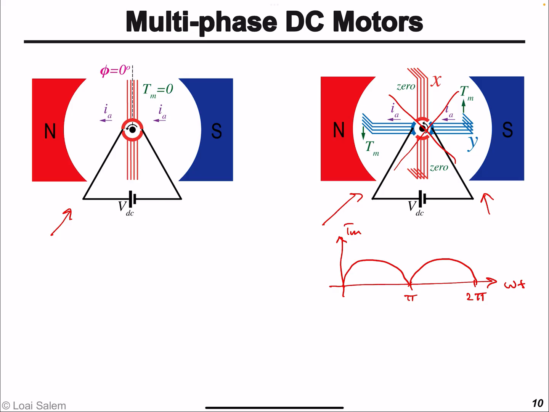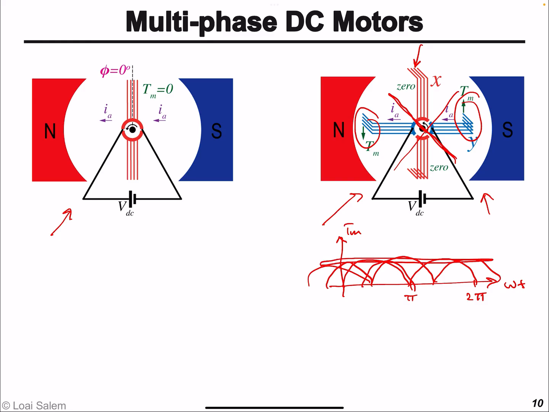we'll find that when the torque produced by one armature is going to zero, the torque of the other armature is reaching peak while this one is in between, and so on. So we'll find that the torque is becoming constant versus time essentially.